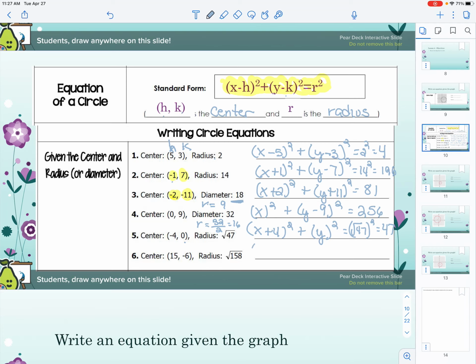In the last one, we have X minus 15, because I'm taking the opposite, plus Y plus 6. And the square root of 158 squared is 158. Okay? So we were given some information, we were able to write the equation of the circle.